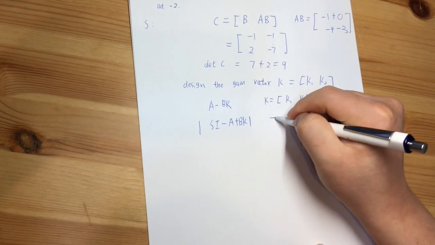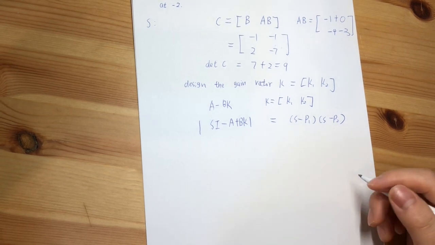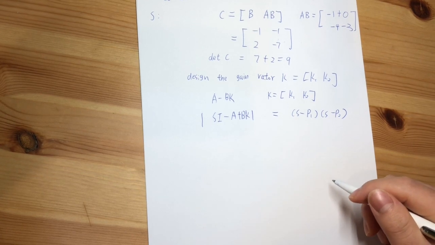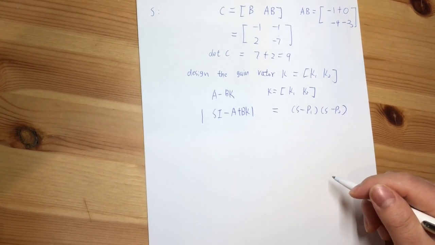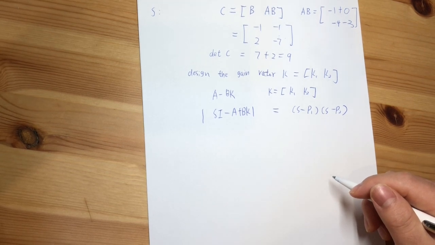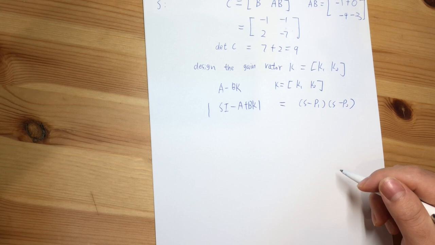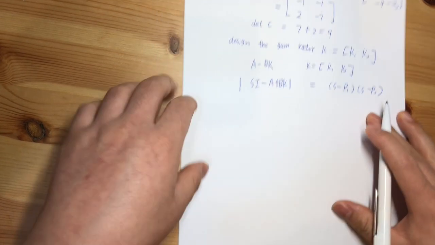Since both sides of these equations are polynomials in s, by equating the coefficients of like powers of s on both sides, it is possible to determine the values of k1 and k2.